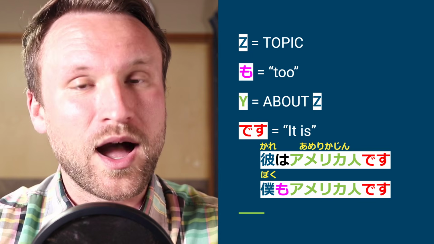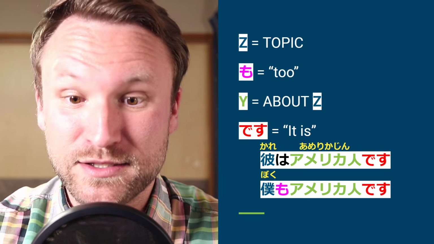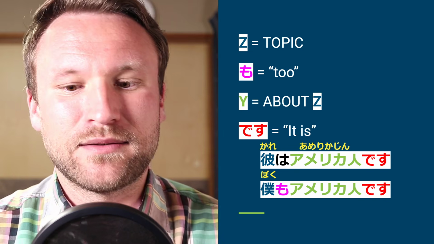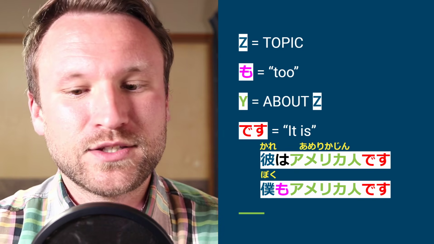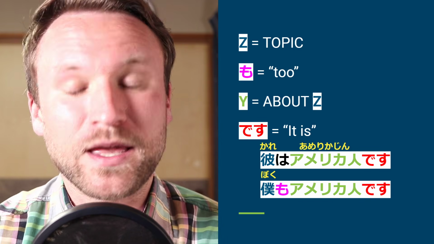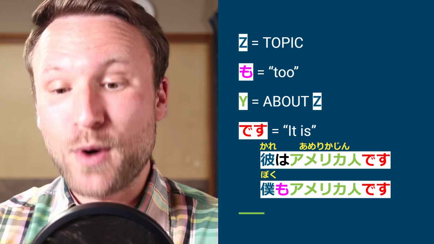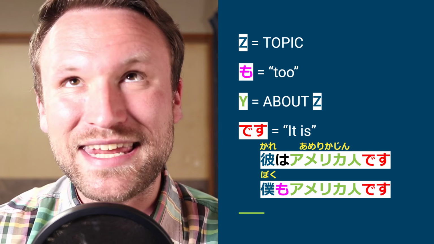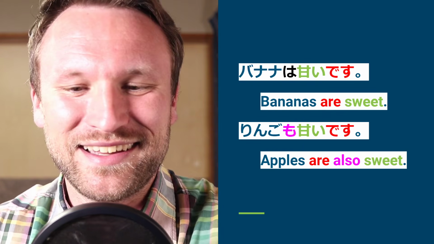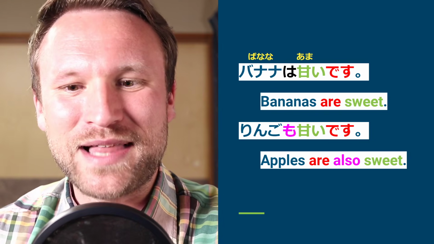Boku mo Amerikajin desu. I am also American. So, mo can also be translated as also. You could translate this as, I am also an American, or I am an American too. Amerikajin desu. It's a little bit hard to say. All right, so let's go over some sentences. We're back with the bananas from last week.